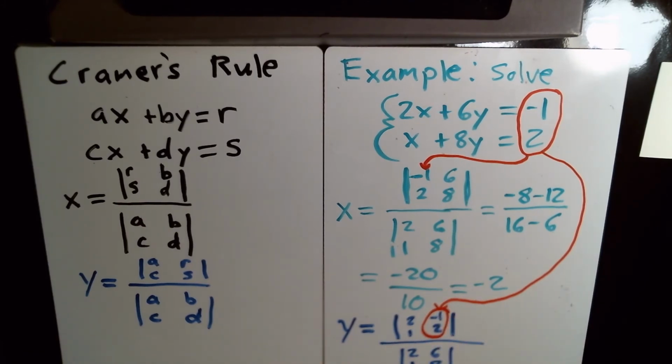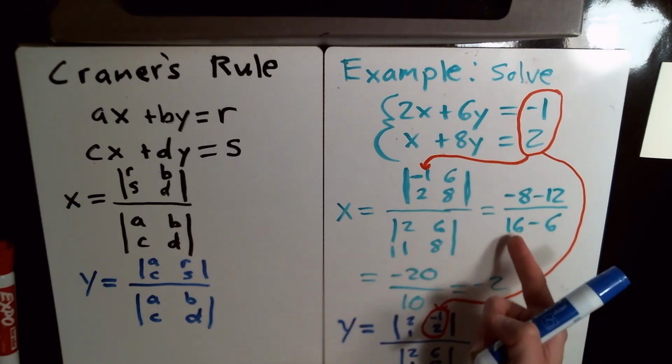Now let's compute this out. I'll try and do this with space preservation. So 2 times 2 is 4, minus a -1. And then 2 times 8 is, we already did this one actually.